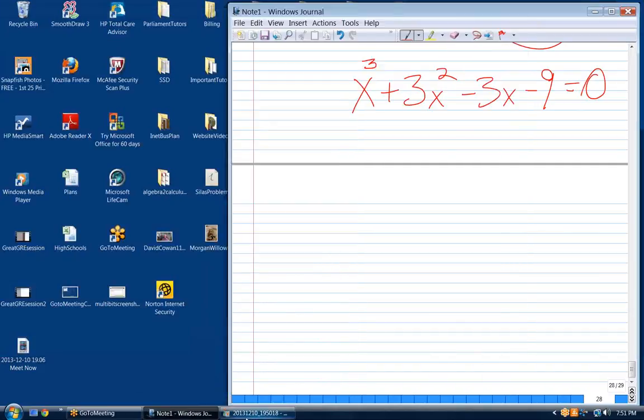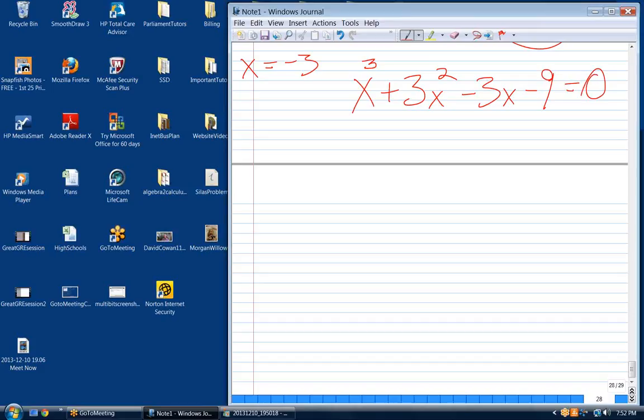X equals minus 3. So what am I going to do? I believe you're going to set it up like you do synthetic division.